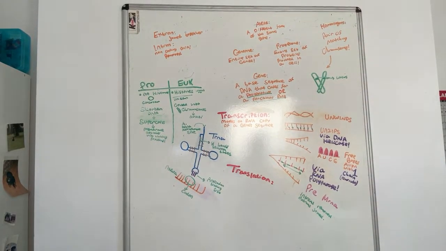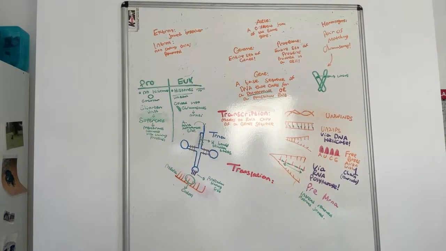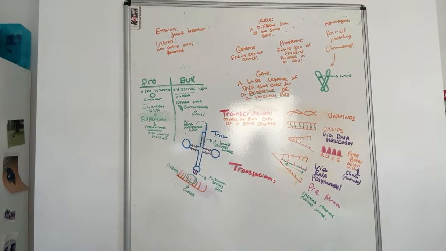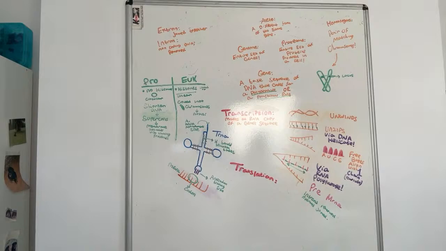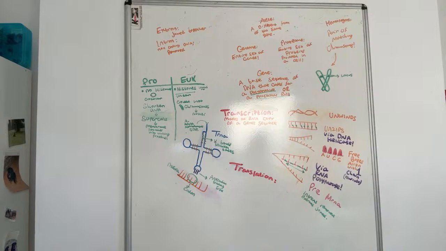Okay, hold on. Let me try and comprehend this before reading it. So the mRNA enters the ribosome. The transfer RNA molecules bring a specific amino acid, which are then held in place.